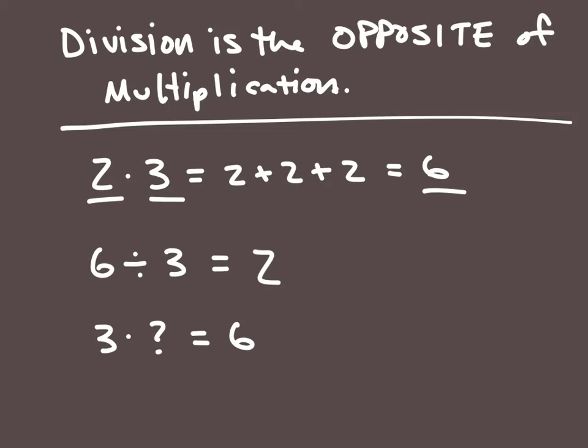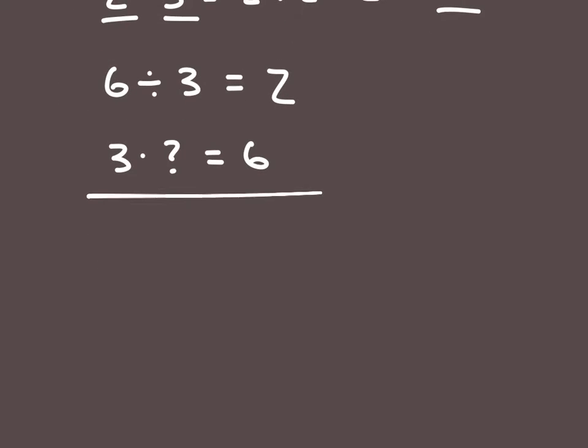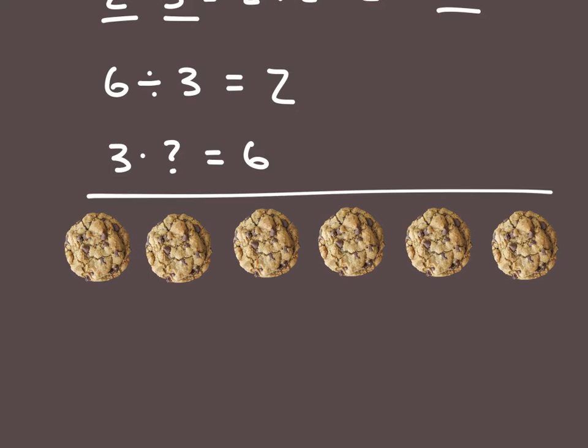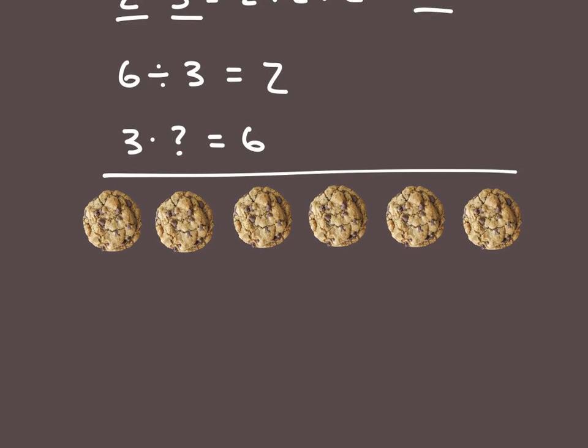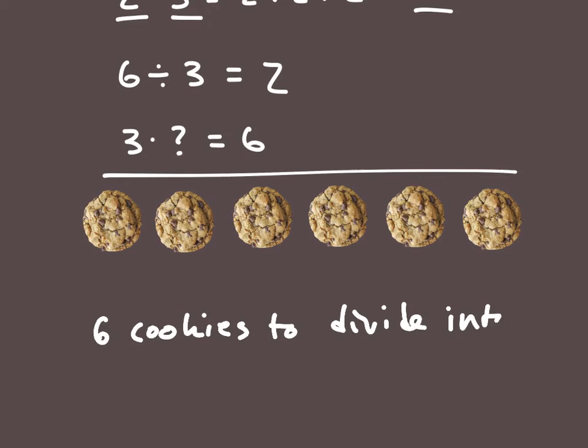Now let's think of this in a more visual pattern. Let's say that I have 6 cookies, and I want to divide those 6 cookies into 3 groups.